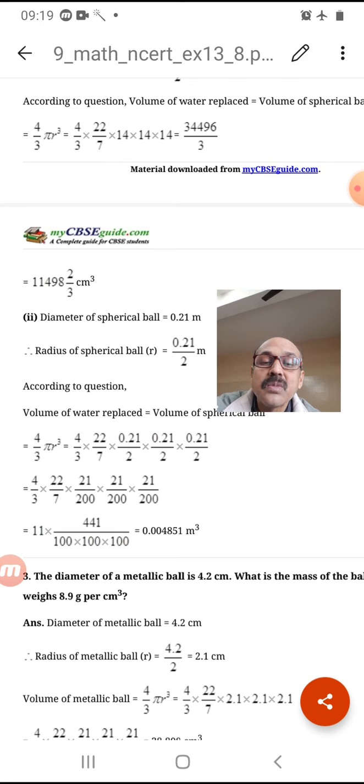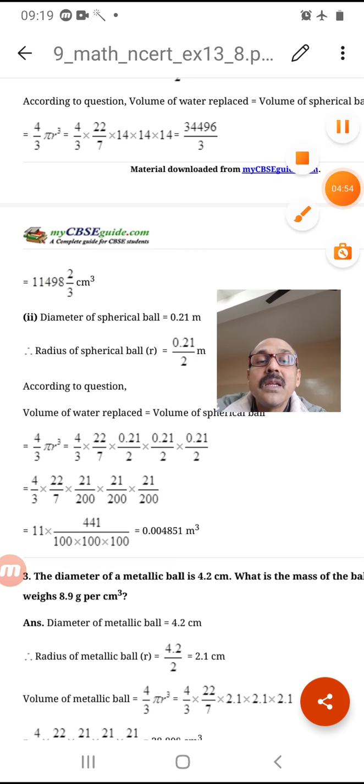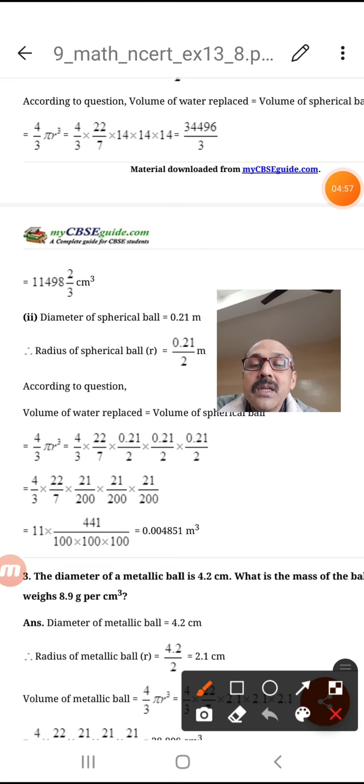And 0.21 by 2 means 21 by 2 into 100, that is 21 by 200. By cancellation we get 11 into 441 by 100 into 100 into 100, that is 0.004851 meter cube.